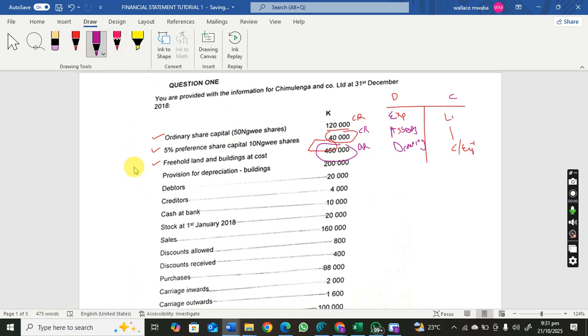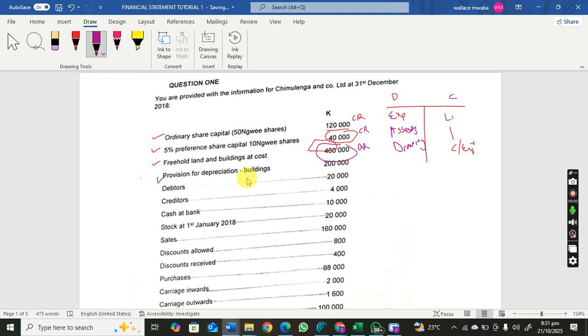Next, provision for depreciation, buildings. All right, this is a contra asset account, meaning it reduces the value of an asset. Since assets increase with the debit, anything that reduces the value of an asset has to be on the credit side.